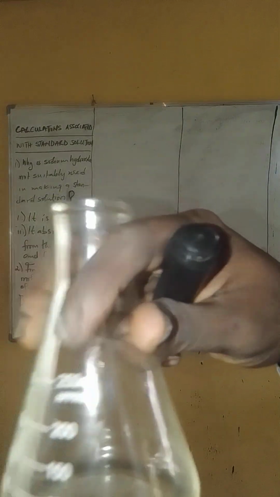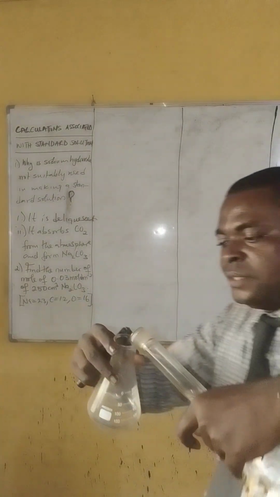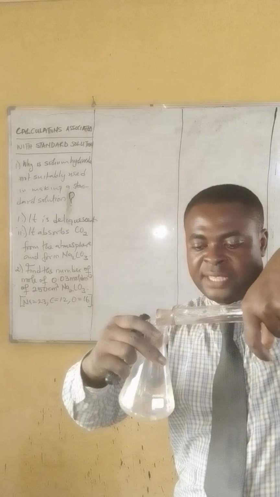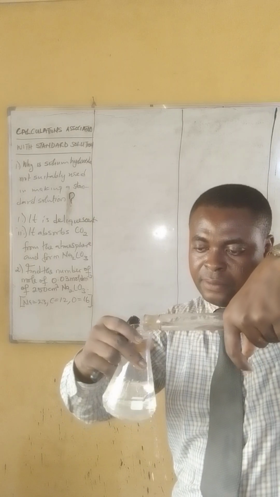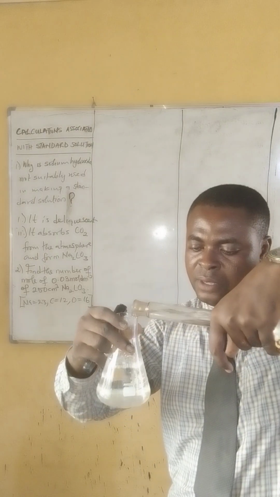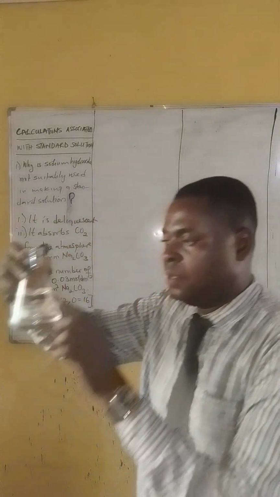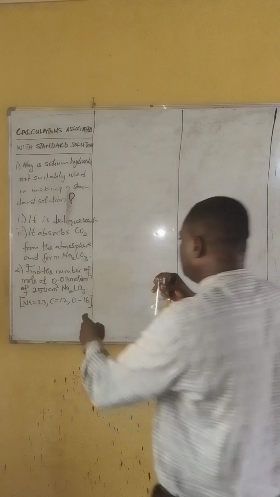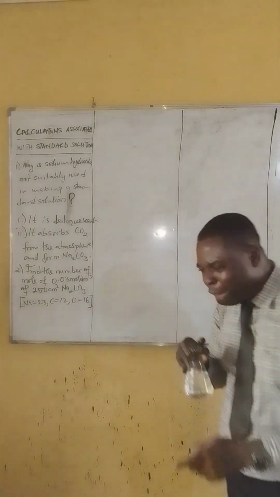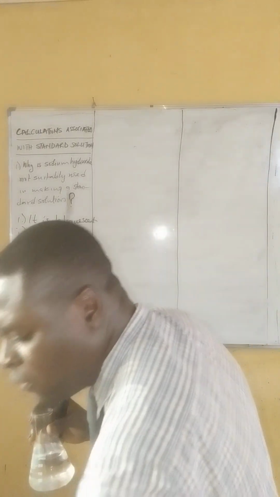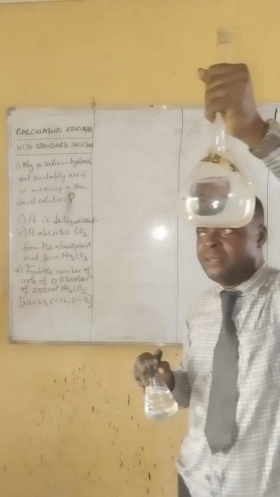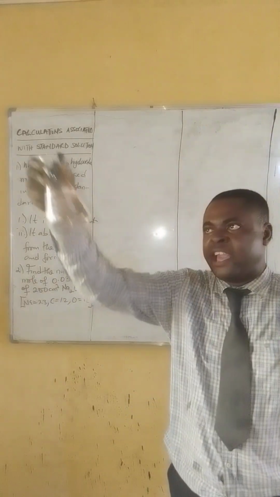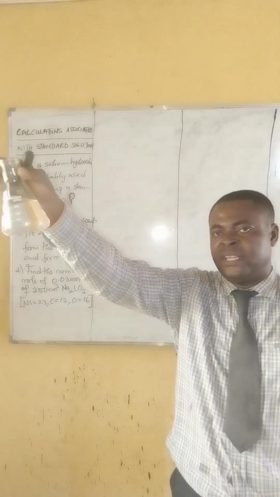This is 250 mil. So if I pour this inside here, to reach this mark, then I have 250 cm3 out of 1000 cm3 of this solution. I have poured 250 cm3.